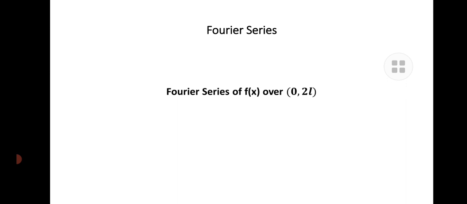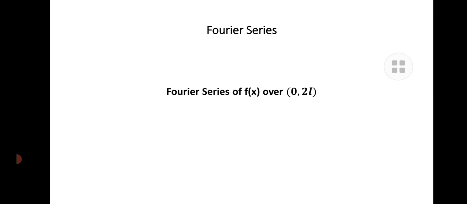And this Fourier series is for a function f of x defined as a periodic function if there exists a real number T such that f of x plus T is equal to f of x for all values of x.